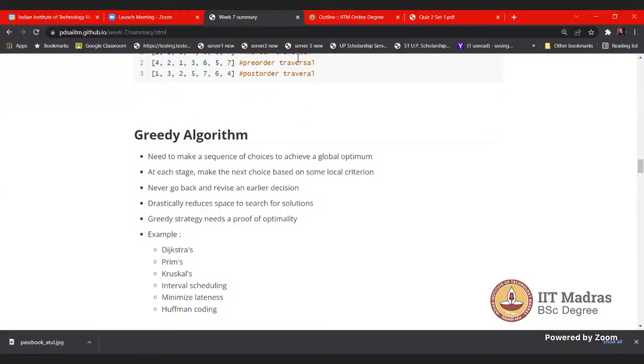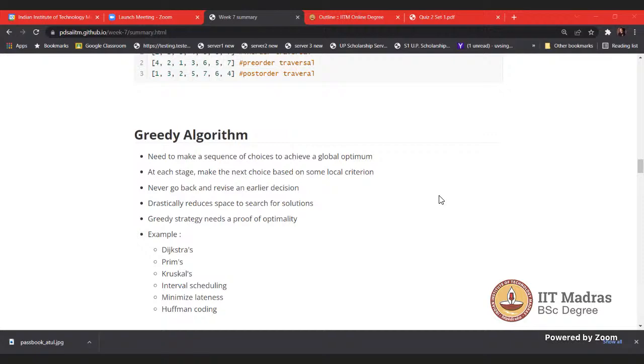Excuse me, sir. One question was there in the previous term quiz. They gave the number of nodes in an AVL tree, and we have to find the minimum height of that.